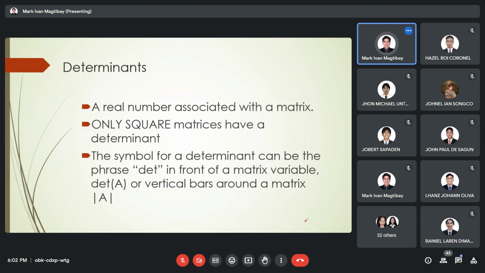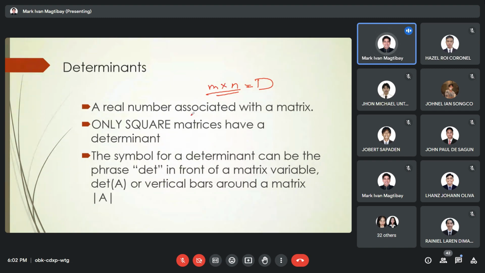And only square matrices have a determinant. So, meaning to say, kailangan po equal yung value ng row natin sa column natin for us to have a determinant itself po. Okay? Yun pong tatandaan natin. Equal po dapat ang row and column. Kailangan po siya square matrix so that we could get its respective determinant.